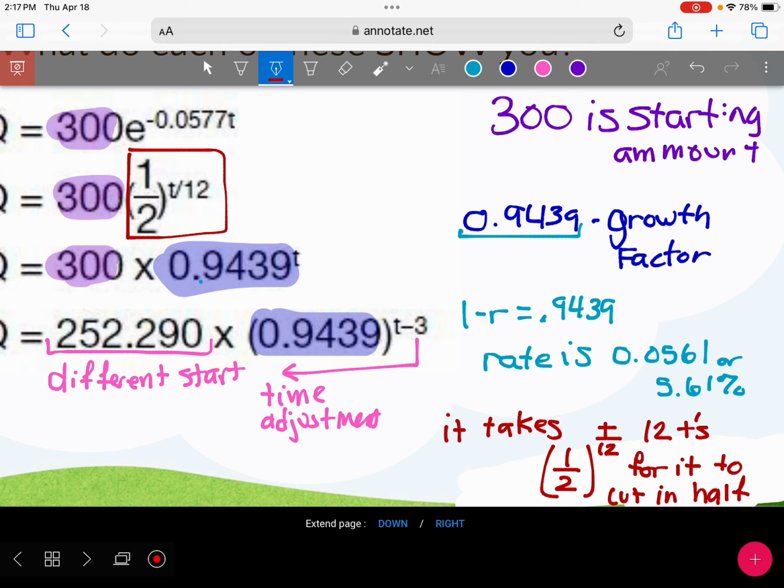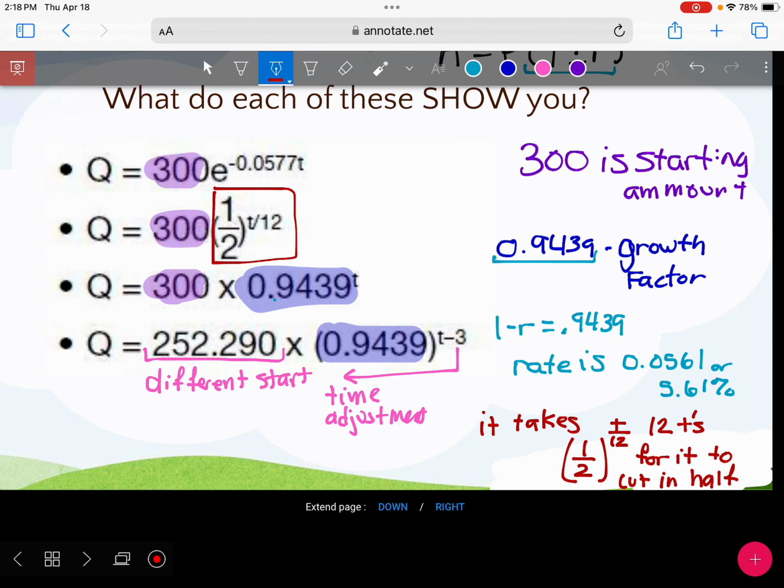So when it has a base of 1/2, they're trying to show the half-life, which is a very chemistry, radioactivity specific concept. We're not going to work a ton with half-life. Half-life likes to play with our units of T a lot.